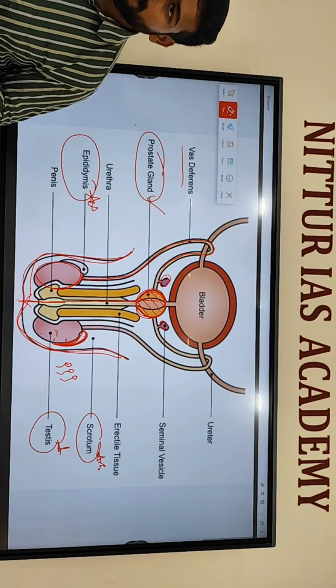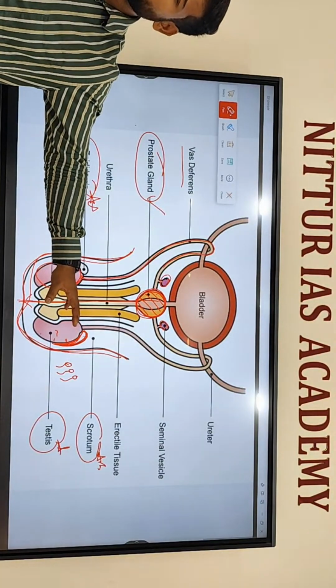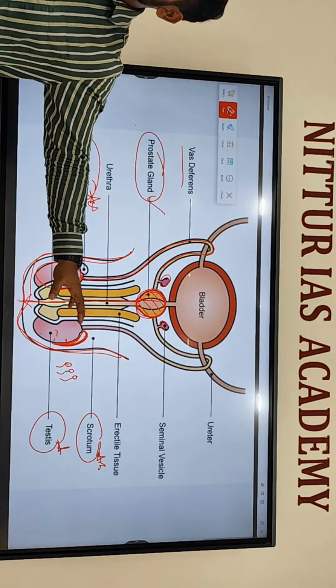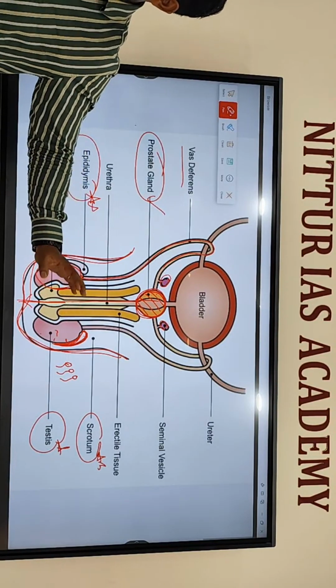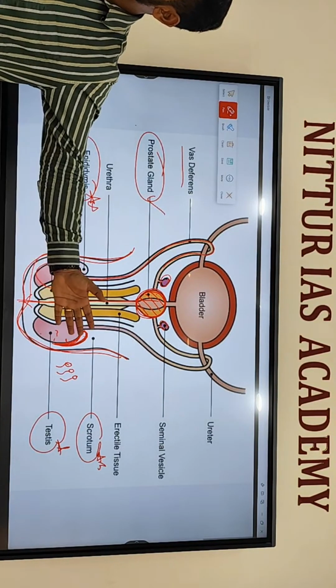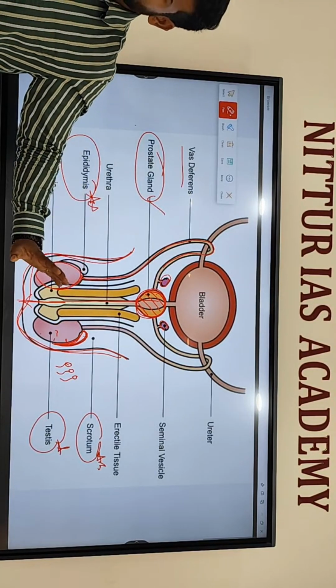Human body temperature is 37 degrees Celsius. For sperm cells to be produced, the temperature should be at least 2 degrees Celsius less, at least 35 degrees Celsius for proper production of sperm cells. That is the reason.